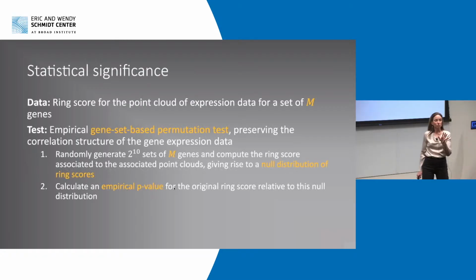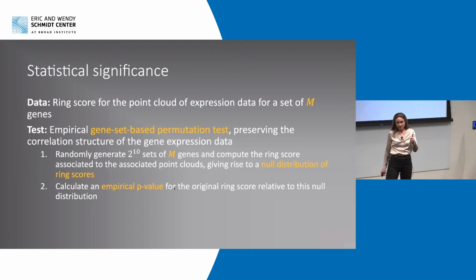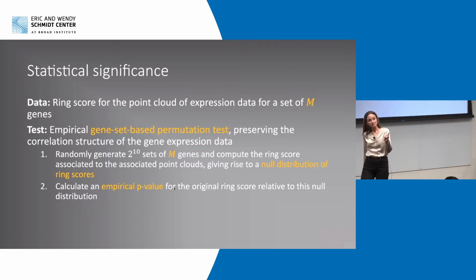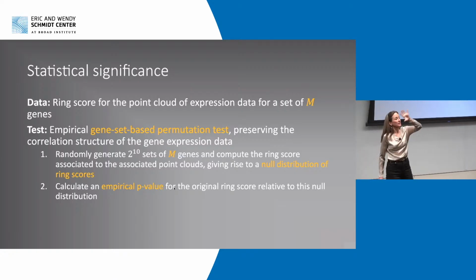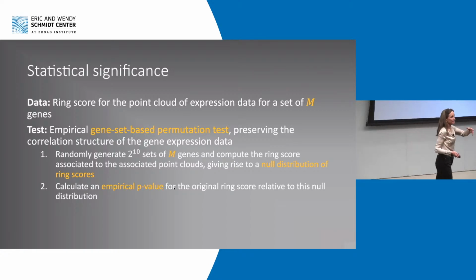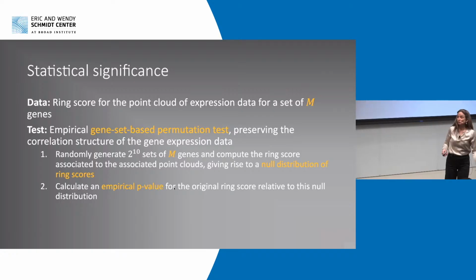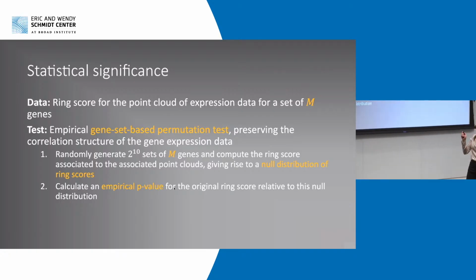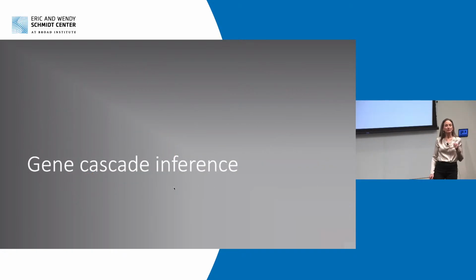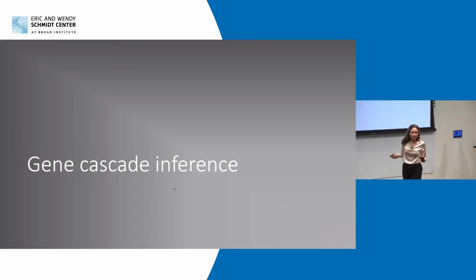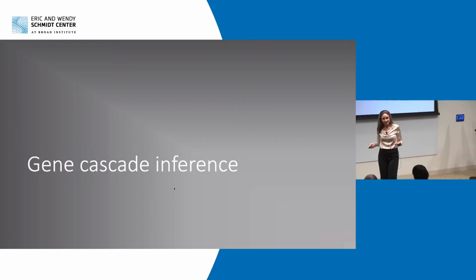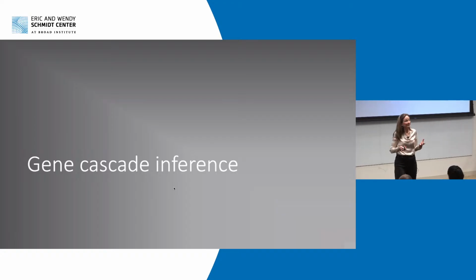So that's what we do in order to detect the circular structure and be able to say something about how significant it is. So there we're looking in this space where to each cell we have a point in this space, the coordinates of which correspond to genes. Now what we want to think about is, okay, once we've detected this structure, what actually is the process? What cascade of genes is leading to this cyclical process?